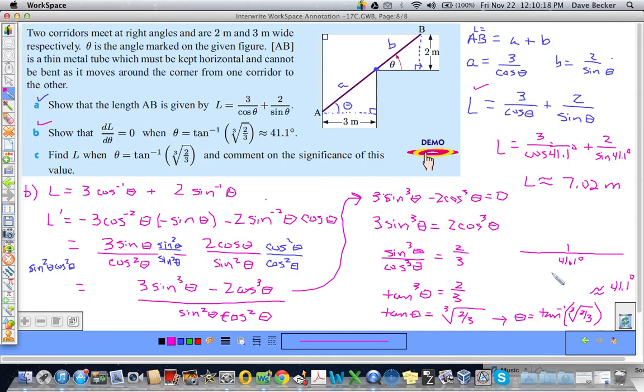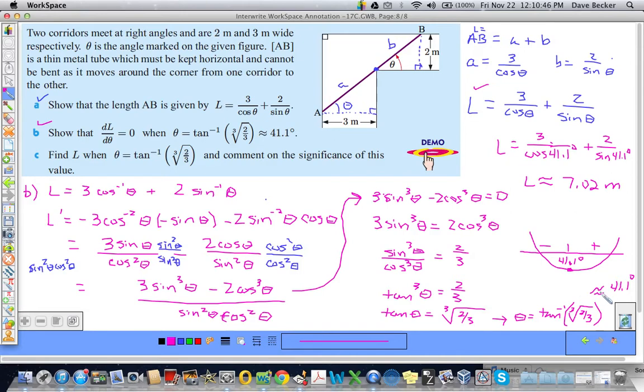If I took, let's say 40 degrees, and found the value of it using my calculator, replacing theta with 40 degrees, it would come out negative. And if I replace theta with something greater than 41.1 degrees, it would come out positive. This indicates that we have a local minimum here.